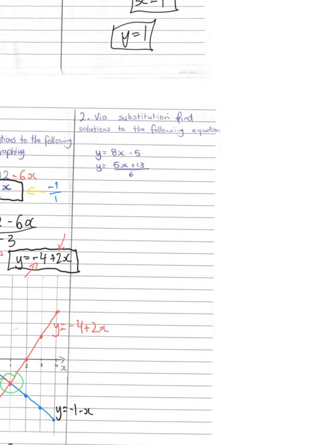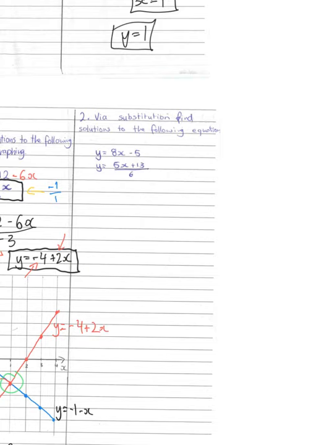Righto, question 2. We've got another substitution question. We want to find the solutions to the following equations. All right, remember, guys, you're subbing one of the equations into the other. The easiest way to do it is sub the nicer looking one into the harder.